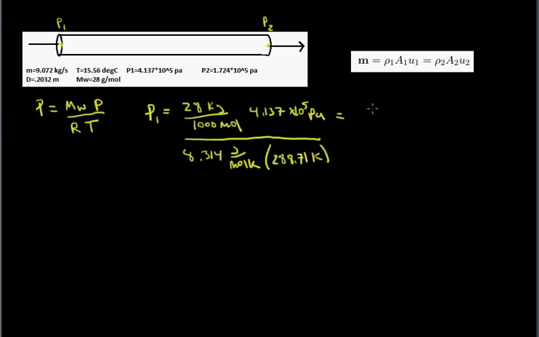If you crunch that number, you're going to get a density of 4.83 kilograms per meter cubed.